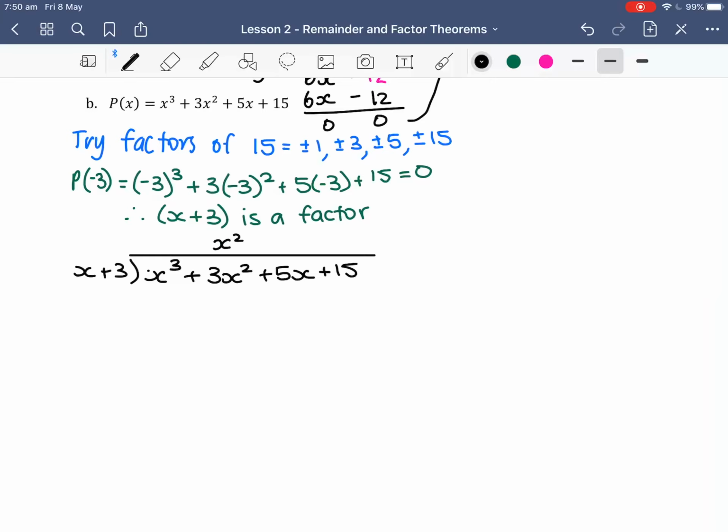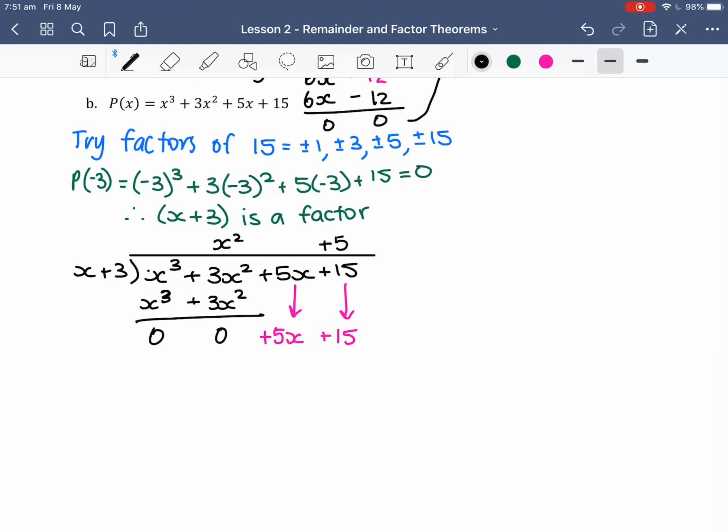So x cubed divided by x is x squared. x squared times x is x cubed. x squared times 3 is plus 3x squared. x cubed minus x cubed is 0. 3x squared minus 3x squared is 0. So then, because that equals 0, we bring down our plus 5x and we bring down our plus 15.